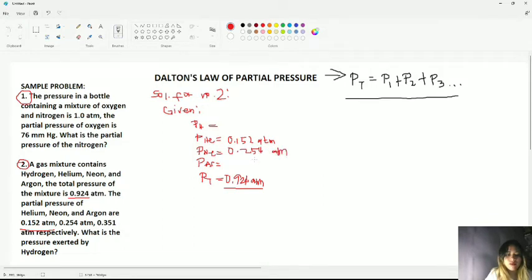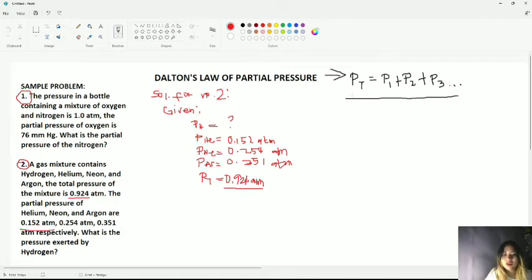Tapos kay argon, merong 0.351 atmosphere. So, partial pressure ng hydrogen is not yet defined. We're going to solve it for partial pressure of hydrogen. Dito na lang tayo mag-solve sa grid.